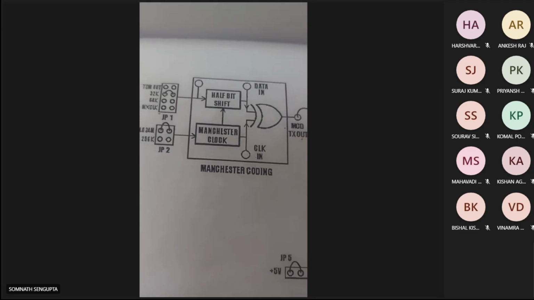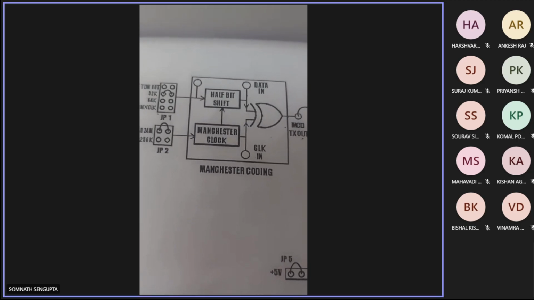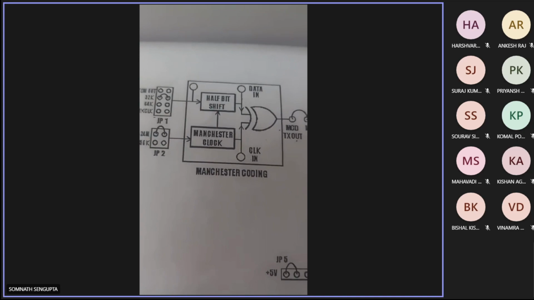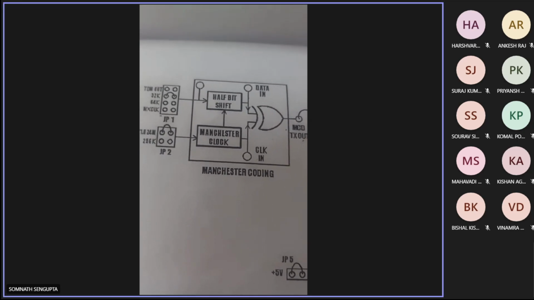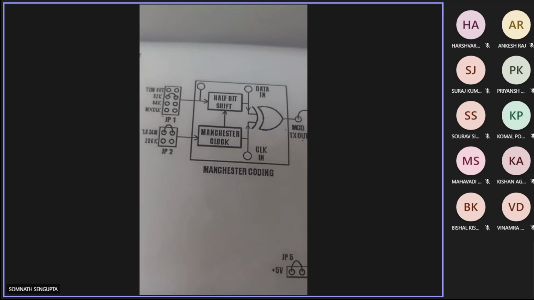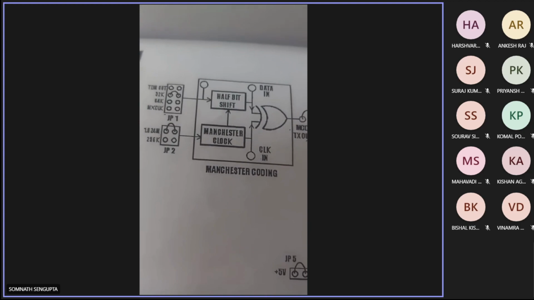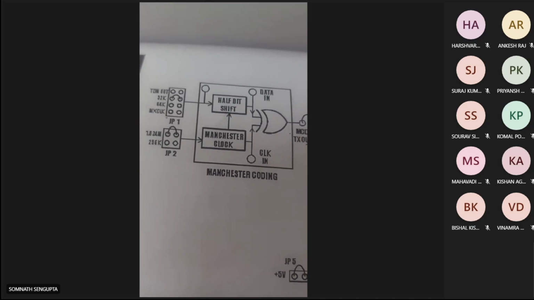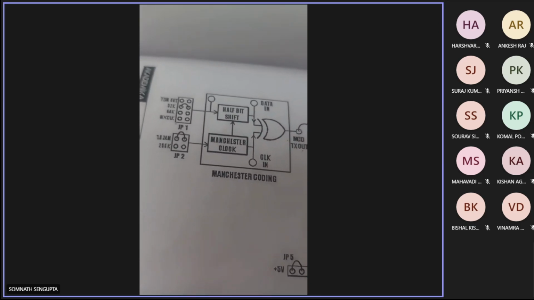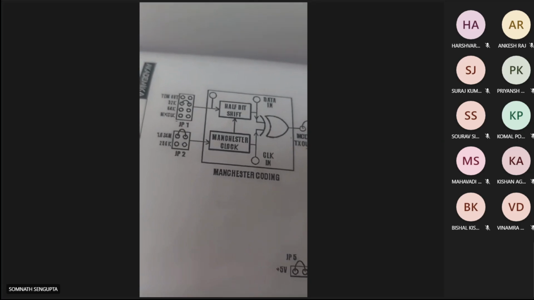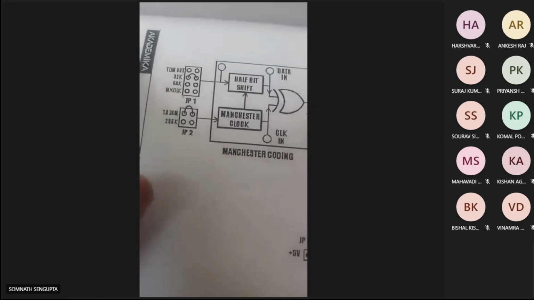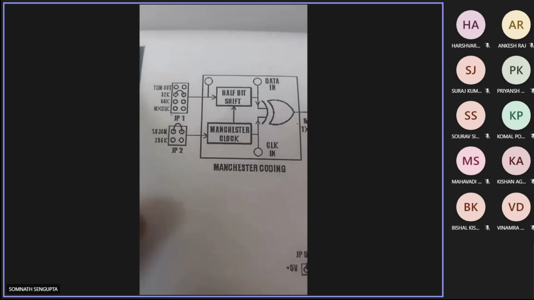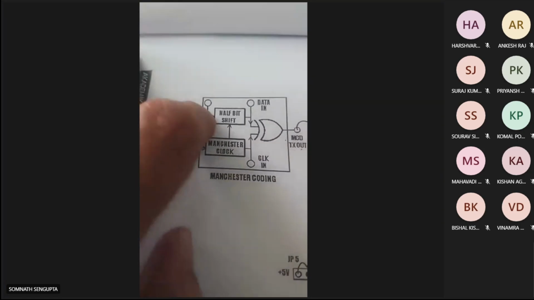So the clock signal can be of any frequency, and one full clock cycle we consider as the bit cell. This clock frequency is higher than the data frequency.